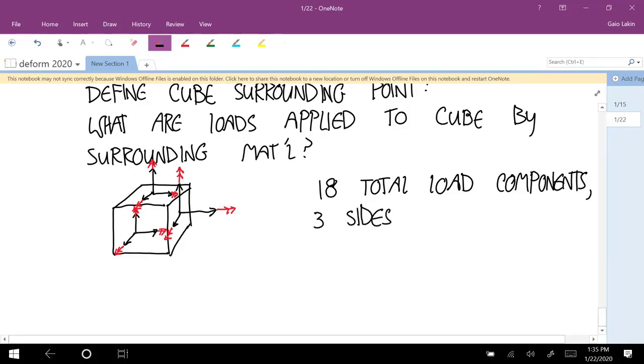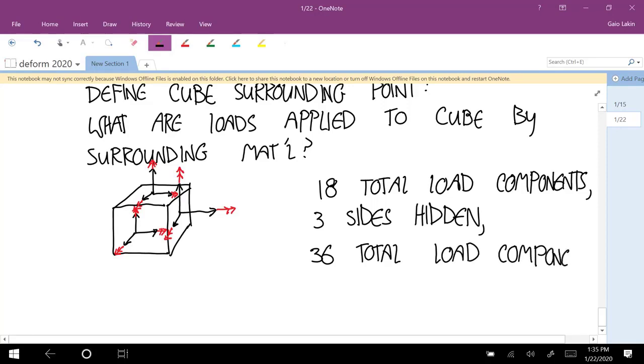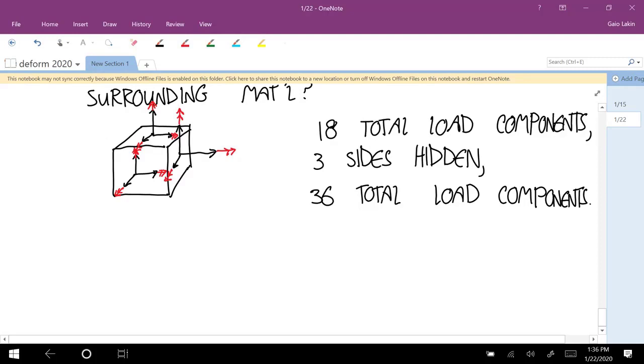So 3 sides are hidden, and so that means 36 total load components. Right now we're thinking that to represent the loading on that point by the surroundings, it takes 36 values, okay?